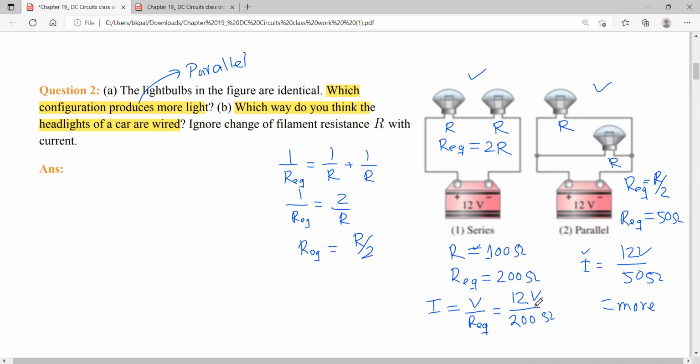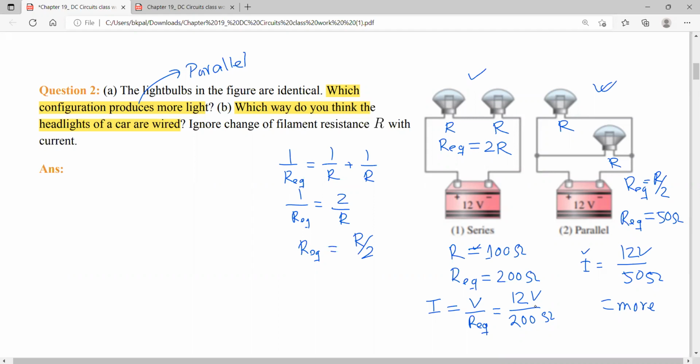Now the second one is how the headlights are connected in a car. Normally how we connect is this. Again, the parallel. Why is it parallel?